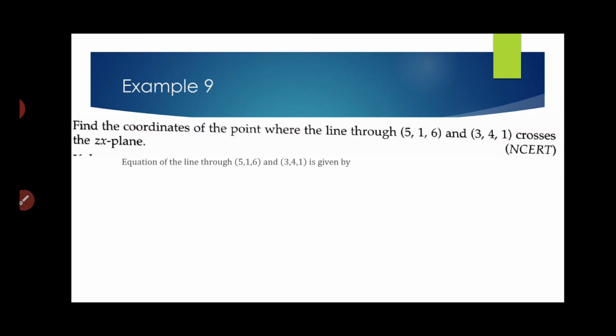So let us first find the equation of the straight line. Now these are 2 points given, so we can find the equation of the straight line using the 2-point form.